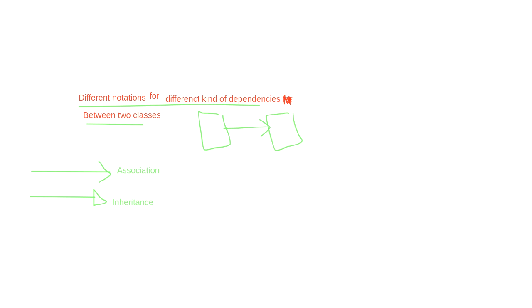And then you have another thing called realization or implementation. For that you will have dotted lines like this. It should be straight, I'm unable to draw them straight. This is called dependency.